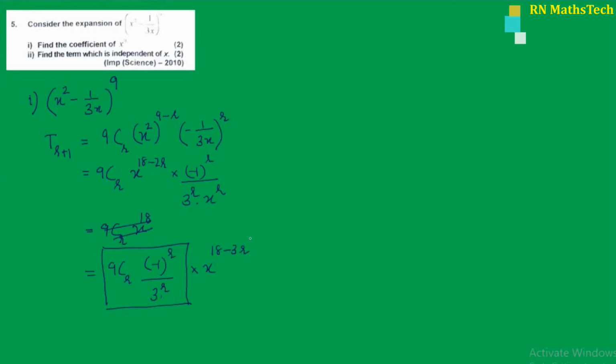To find the coefficient of x⁹, put 18 − 3r = 9. That is 3r = 9, which implies r = 3.